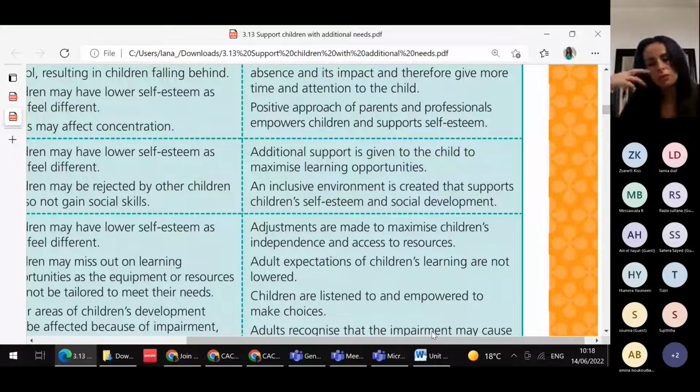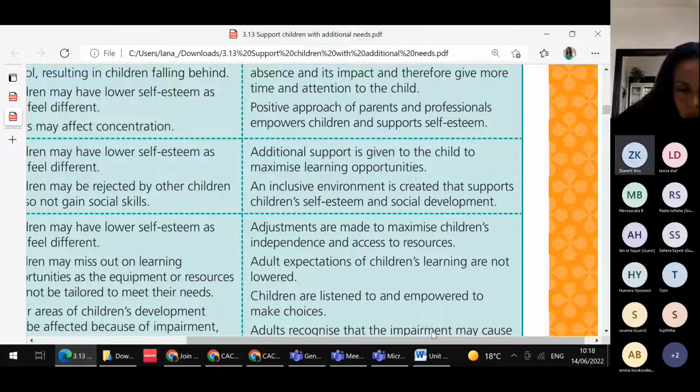So we should give them extra support, extra help to maximize their potential and opportunities. And also we need to follow the inclusive environment. We have spoken before about the inclusive environment, which means we need to create certain activities and events which suit everyone.